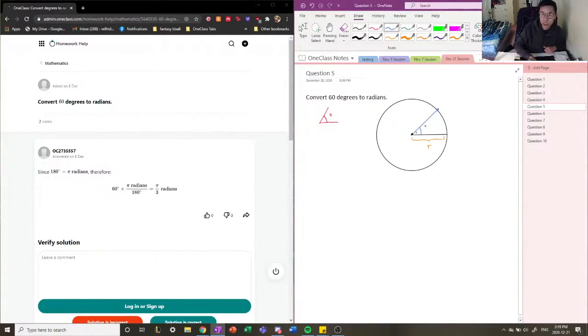If we were to rotate this line around the entire circle and meet back with the radius, we have measured the total degrees of a circle to be 360.